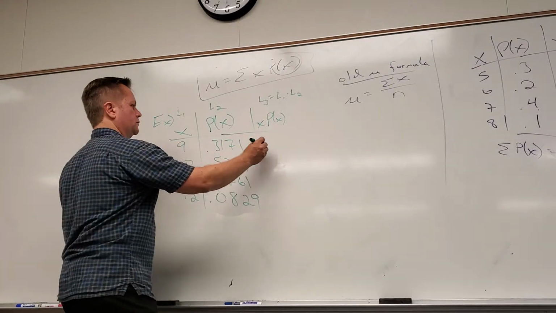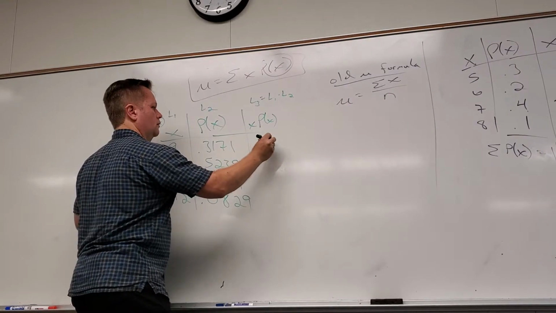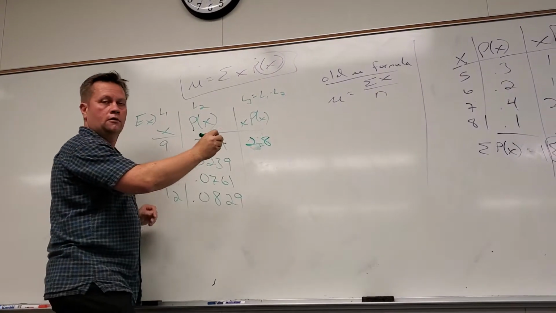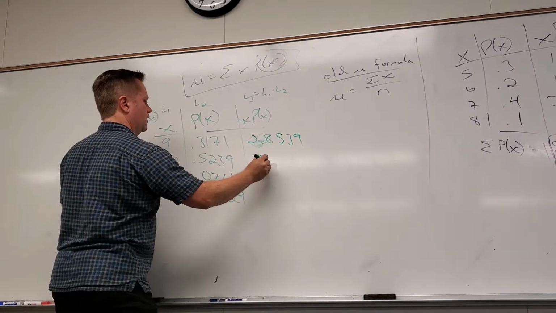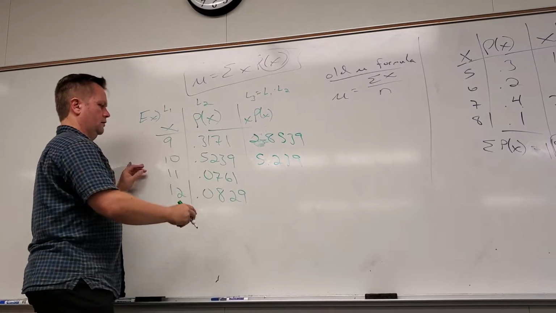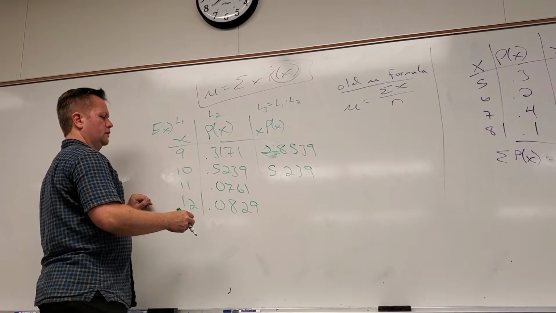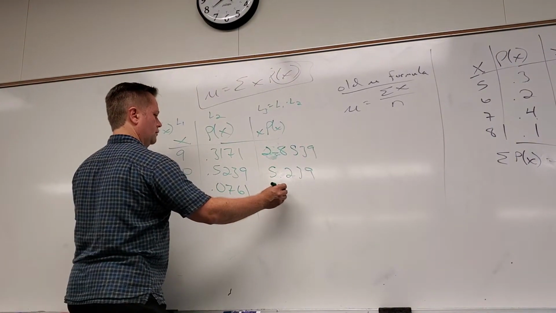What you got for this first one? 2.85. Oh, 2.8. 8539. And then this one's easy. 5.239. And then this will be 8 point, I don't know. What is it? 0.8.